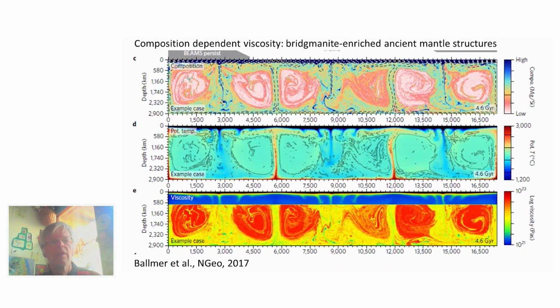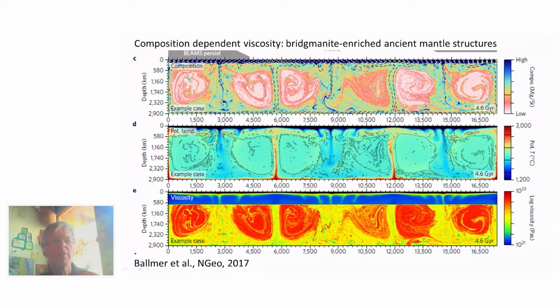Right. Then, besides temperature-dependent viscosity, there may be composition-dependent viscosity. And there is this idea of this bridgmanite enriched ancient mantle structure by Balmer and co-authors, showing here different composition, different temperatures. And here, what does this show? Viscosity, yes.